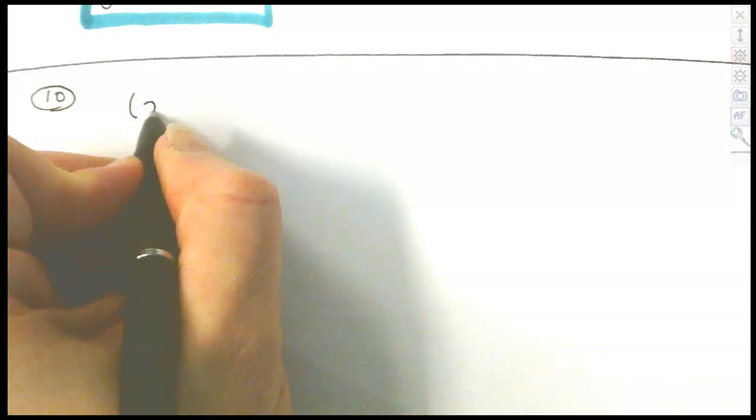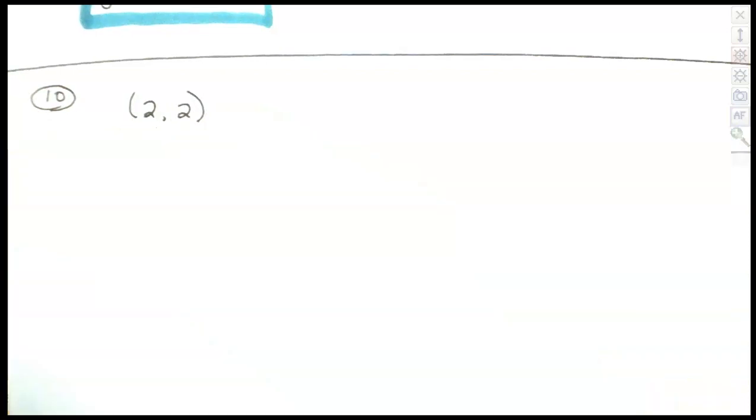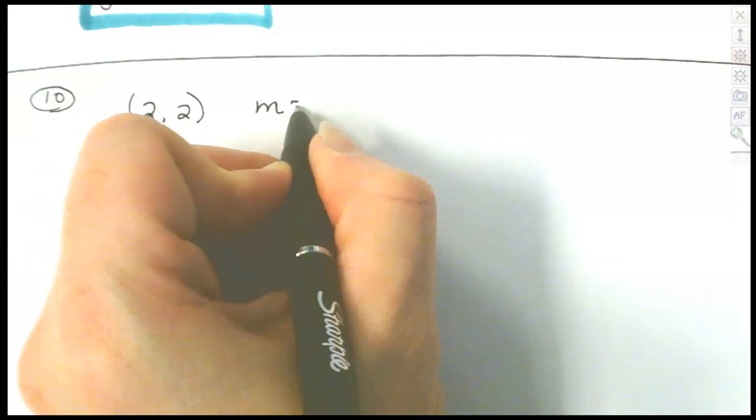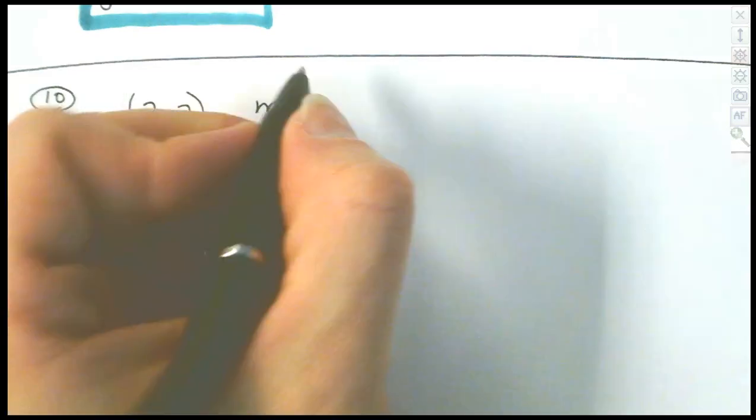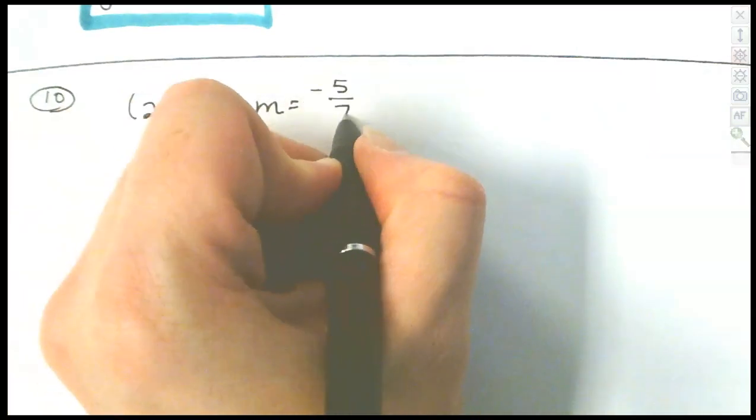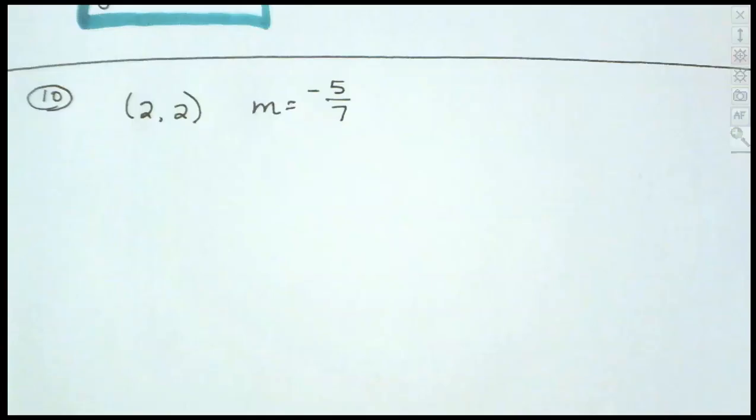So question 10. We've got 2, and we have a fraction, which is minus 5/7 for my slope. So what do we have? Always think about first what we have. And I have a flow chart that I'm going to pass out today that I think will make it a little bit easier to see all the different types of problems and how you solve them.